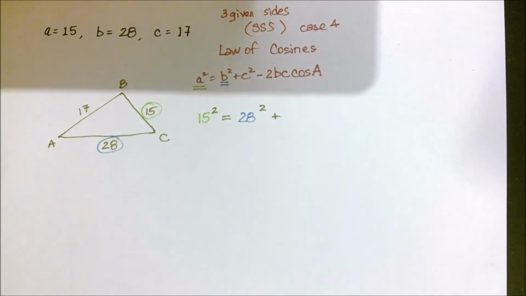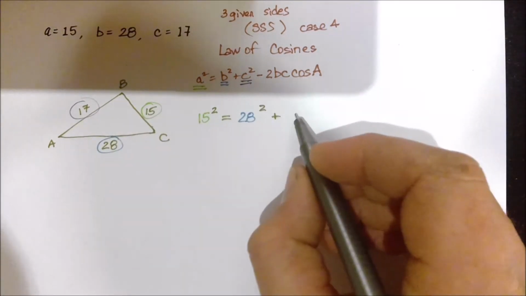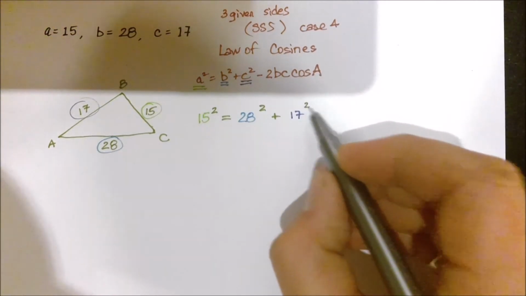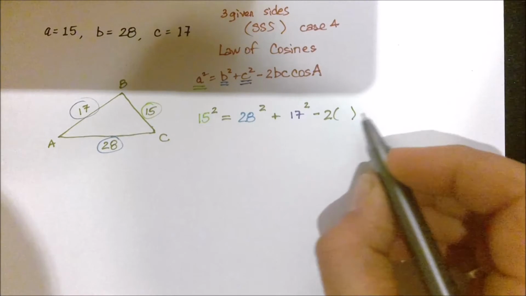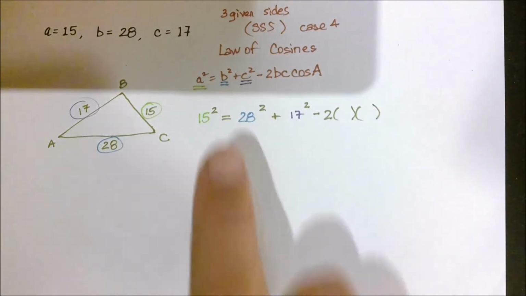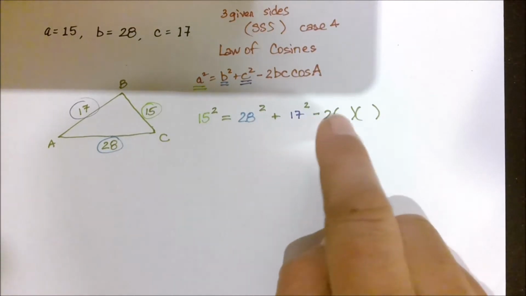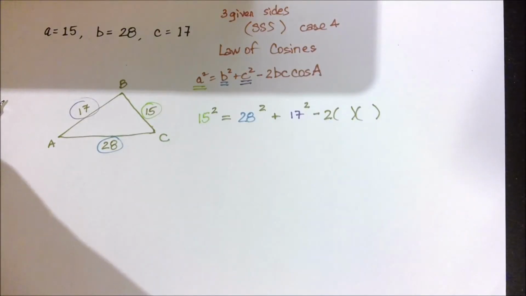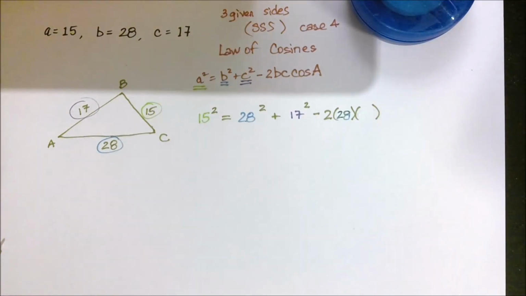Plus, all right, we need side C. Side C, right there. So we've got 17 squared, subtract 2 times, let's see, what are those 2 values? It's the same. See these 2 sides we have? It's those same exact sides. So it's 28 and 17.